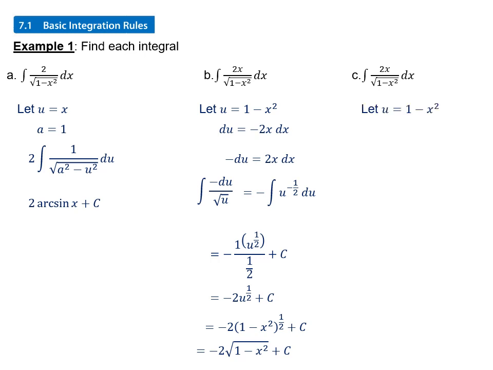On c, let u equal 1 minus x squared again. du equals negative 2x dx. That happens to be the exact same. Oh, but my apologies, that should not be a square root on the bottom. That's why it's just negative du over u. So we're actually doing the integral of 2x over 1 minus x squared.